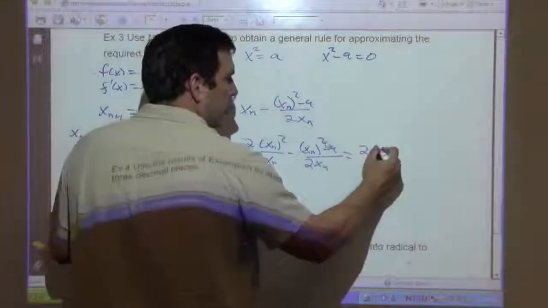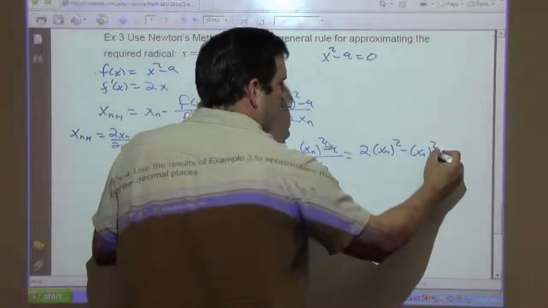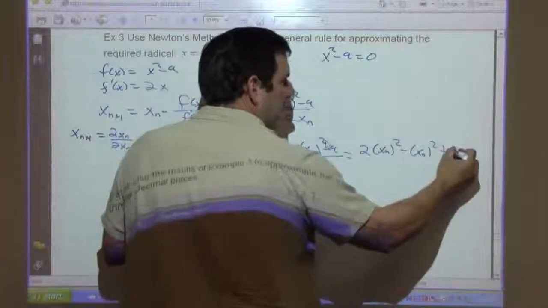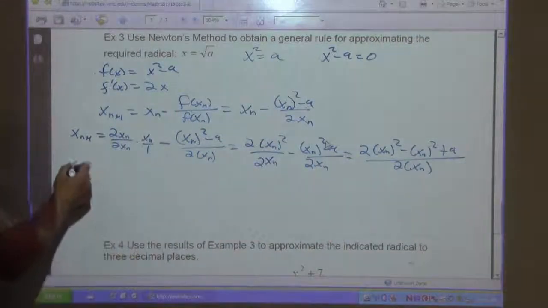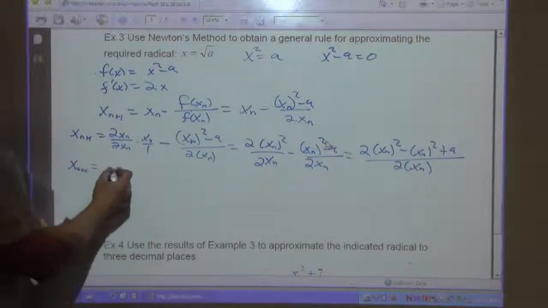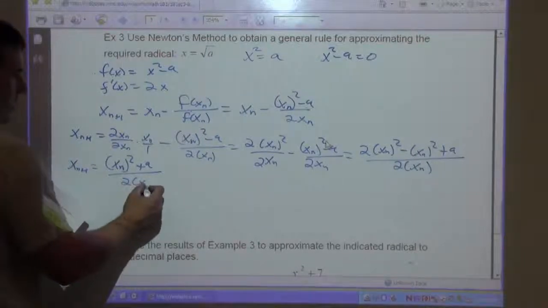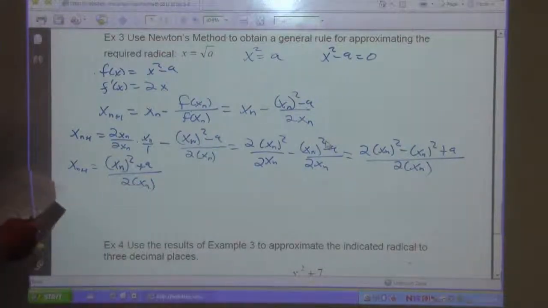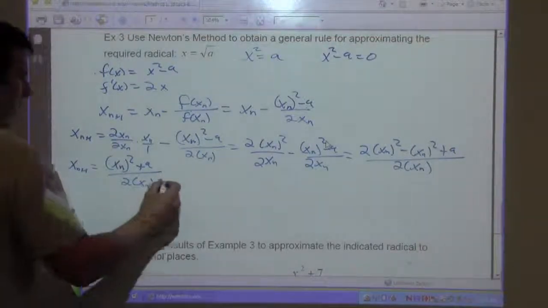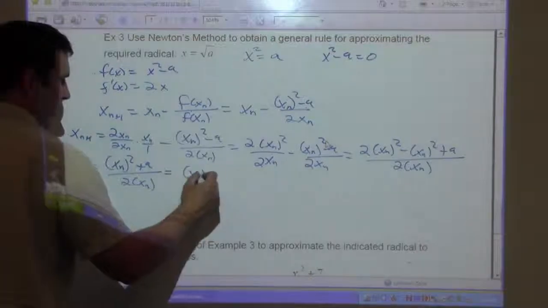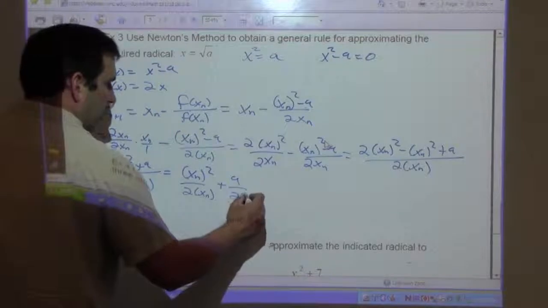Bringing these together, we have 2 times x sub n squared minus x sub n squared, distribute the negative, plus a, over 2 times x sub n. We have x sub n plus 1 equals x sub n squared plus a over 2 times x sub n. Now you can take this a step further if we want, and we would have x sub n squared over 2 times x sub n plus a over 2 times x sub n.